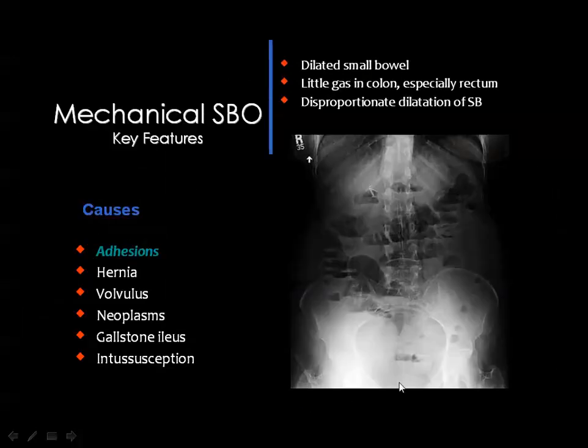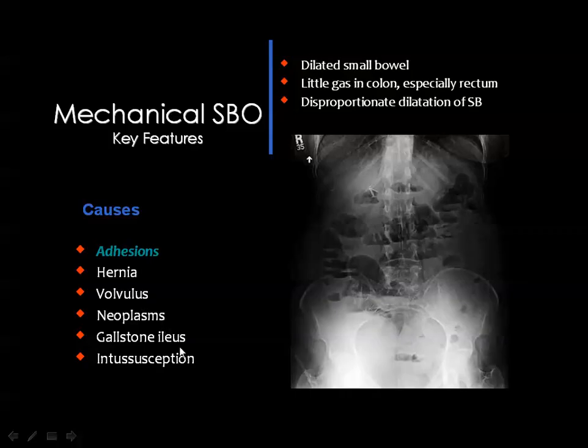Then mechanical intestinal obstruction, the most common cause by far is adhesions, and these adhesions may follow surgery, which is very common, or may be the sequelae of irradiation, or other inflammatory conditions which may result in adhesions between the intestinal loops. Then incarceration of some of the intestinal loops in a hernia, for example, or an intestinal volvulus.